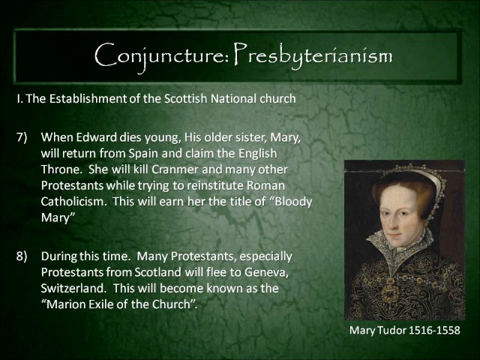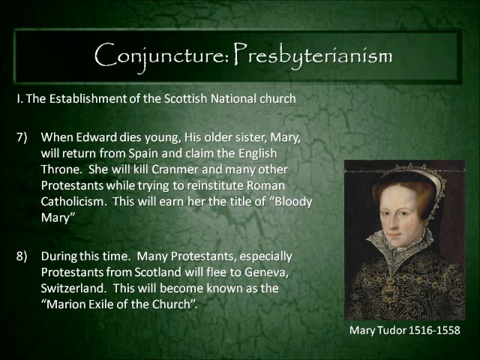And she will take several steps to make this happen. For starters, she will kill Cranmer and many of the other Protestants in an attempt to reinstitute Roman Catholicism. Many of these people will die very bloody deaths, usually by burning at the stake. And this will earn her the title of Bloody Mary.